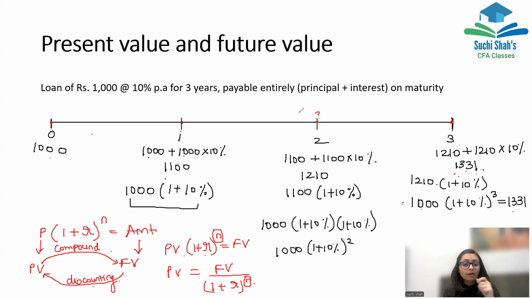Okay, so you have to pick basically the correct information from the question कि where you are right now, कि जो value दिया हुआ है वो कौन से period का है and मांगा कौन से period का है, and accordingly you have to compound or discount. Yes, I hope that much is clear.